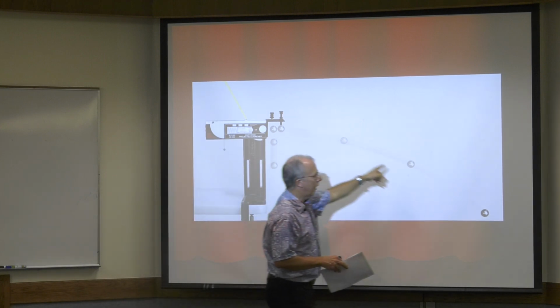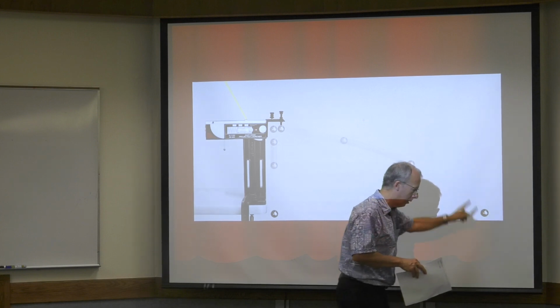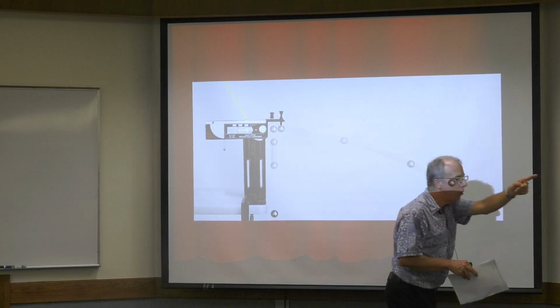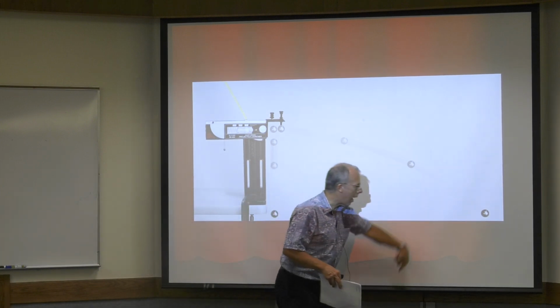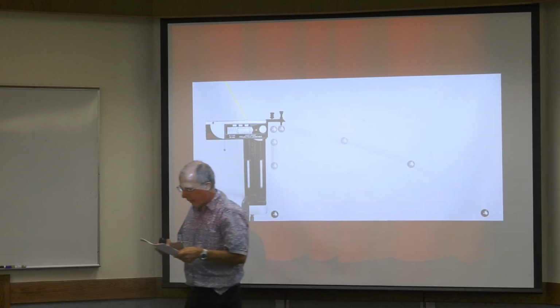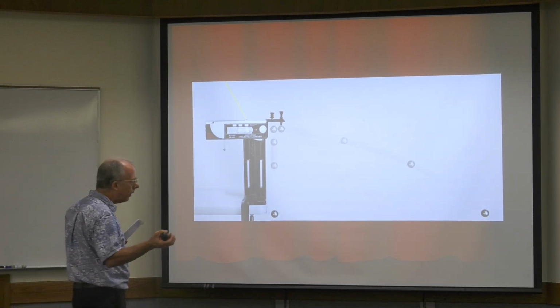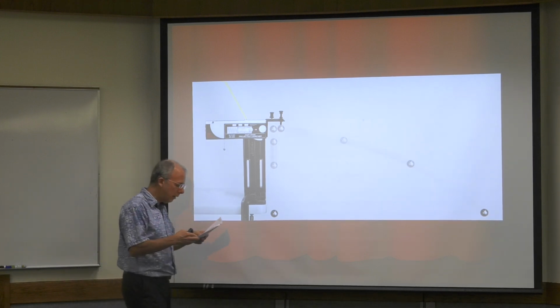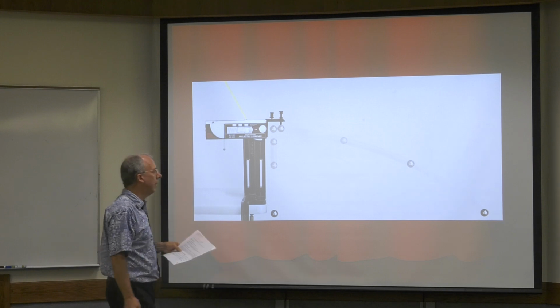This guy has the same vertical displacement, but a huge x component. So same y, no x, large x. Are those x's and y's related? Not at all. They're completely independent. Well, how about the time? Obviously the time is the same.